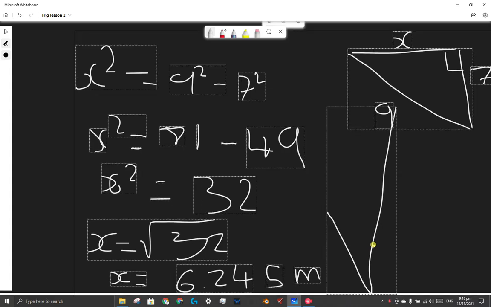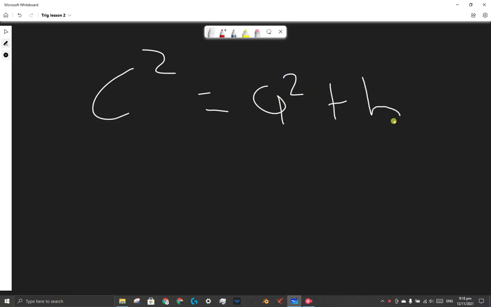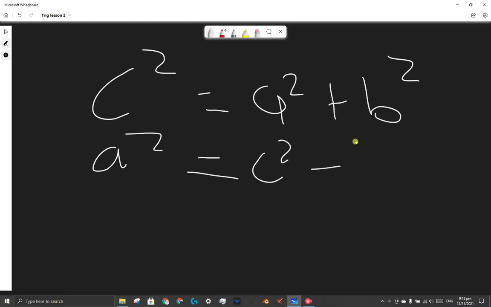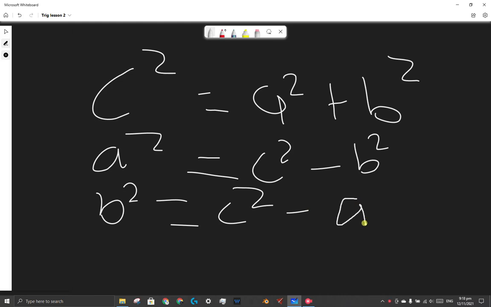So that's pretty much it for the Pythagoras theorem. You have learned to substitute the theorem from c squared equals a squared plus b squared, and then a squared equals c squared minus b squared, and then b squared equals c squared minus a squared.